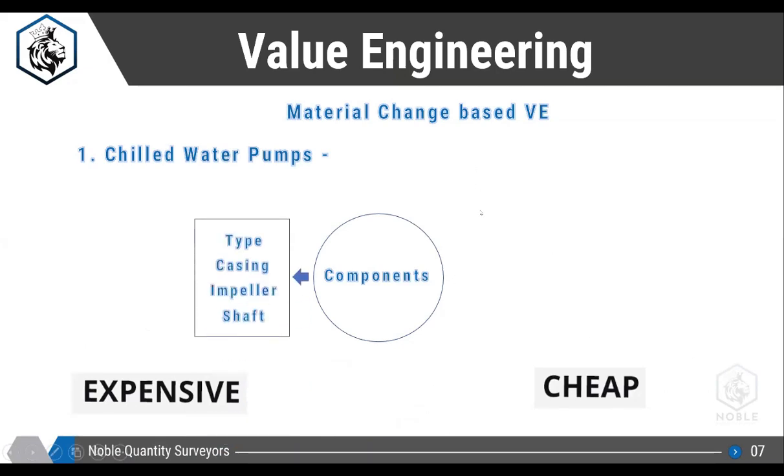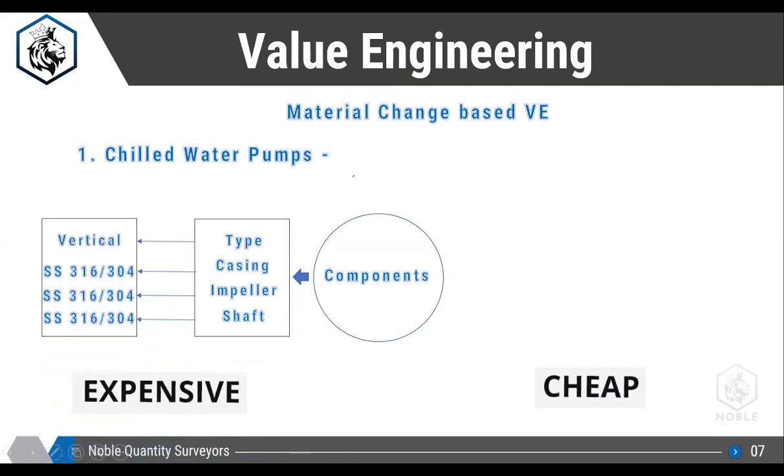The components of the chilled water pumps are casing, impeller, and shaft. Casing is the outer body of a chilled water pump. Impeller is the rotating fan, and the shaft is connected to your final product. So these are the three components of the chilled water pumps.